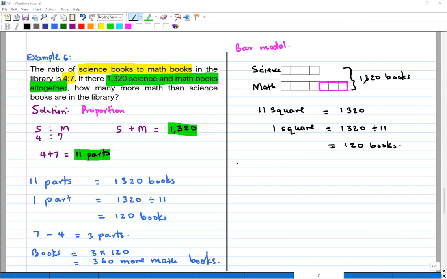So the 3 parts will be 3 times 120, so that we get 360 books. So it means that we have 360 more math books than science books. So I hope you get that right.